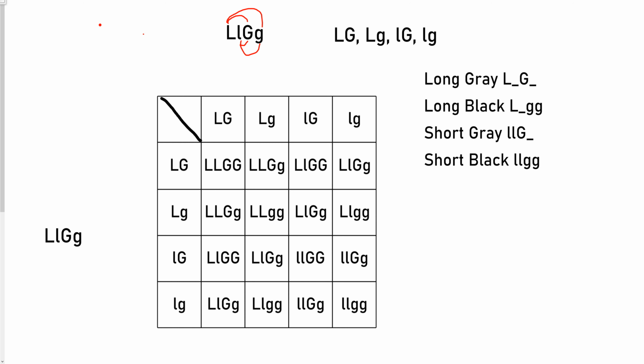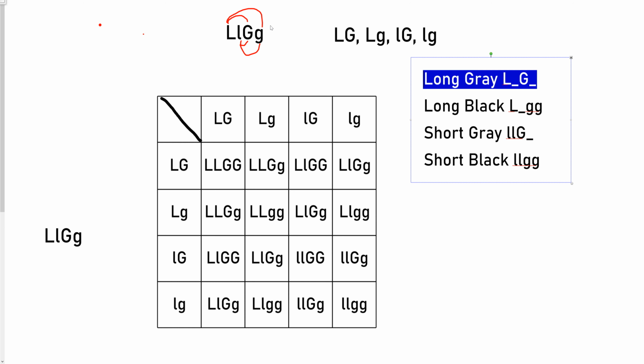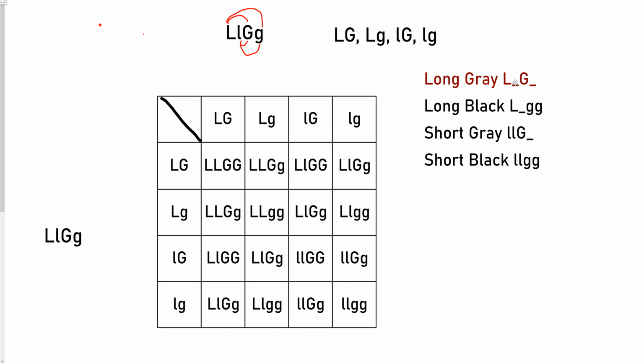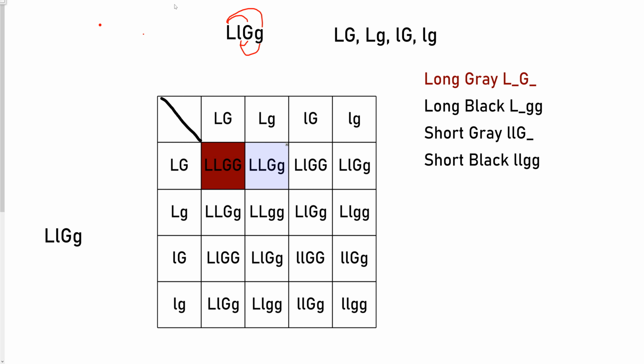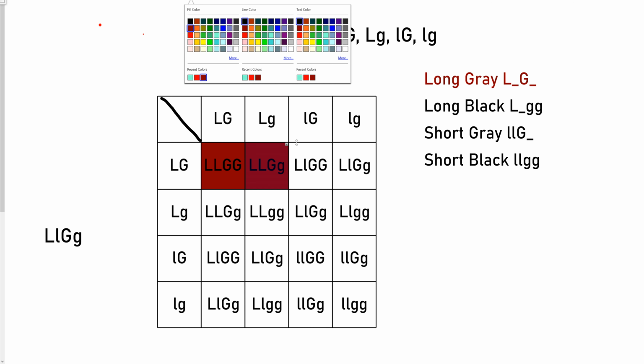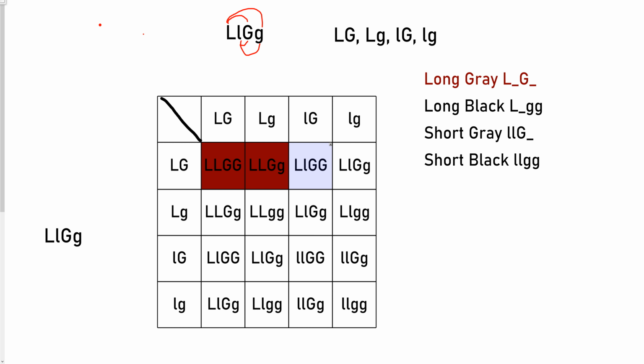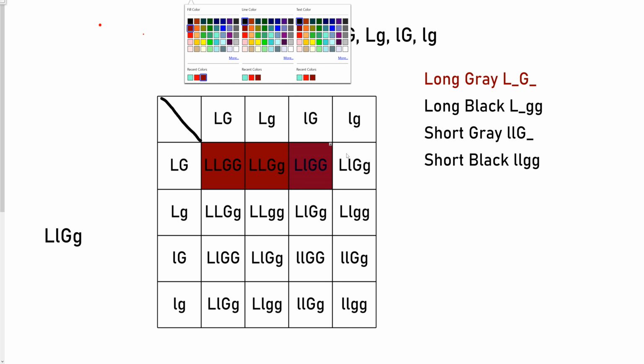So the long gray, I'm going to color code in maroon writing. So I'm going to go in here, and wherever I see a long gray fruit fly, there's one, there's one, there's one. Here's one. It's heterozygous for both.